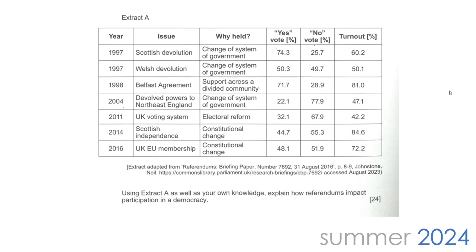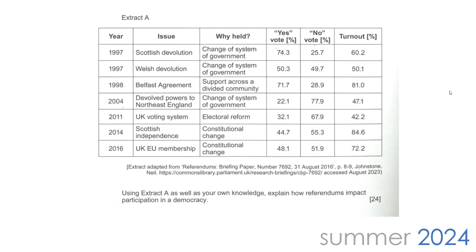What is also interesting is that's not always the case. If you look particularly at the UK voting system referendum in 2011, under 50%, 42% of people turned out to that. So straight away, you've made another connection there. Actually, if the issue of the referendum, like electoral systems, is perhaps confusing or not as glamorous as some of the others, then voter turnout actually is quite low.